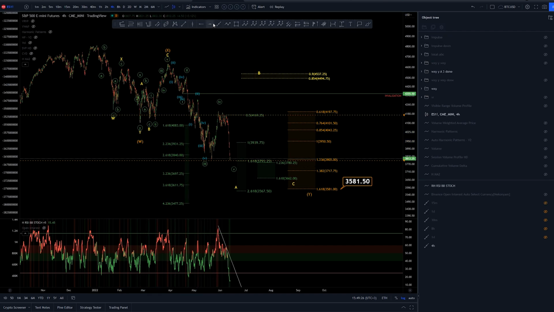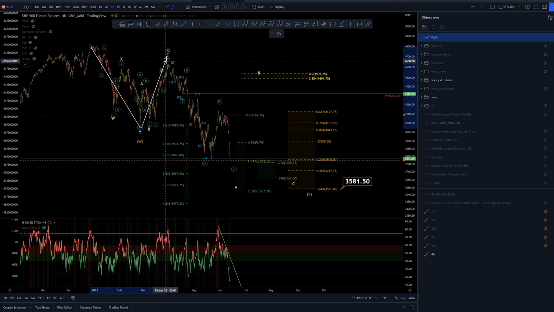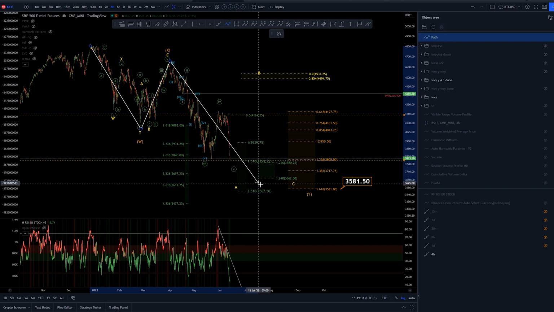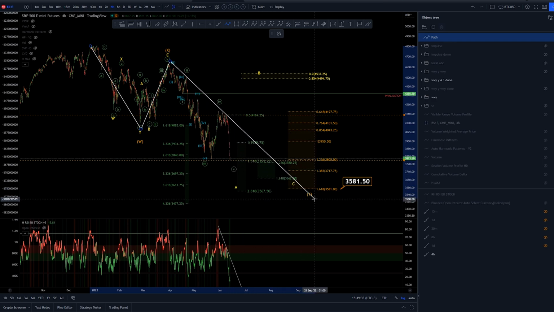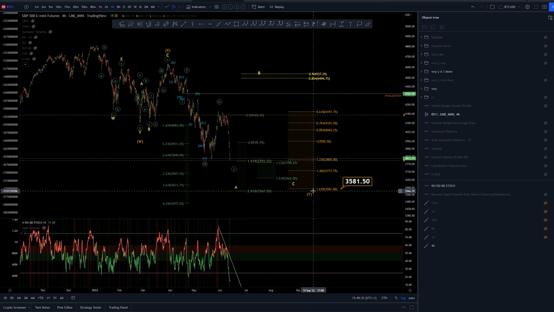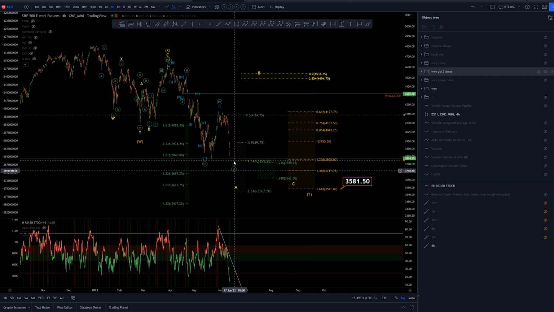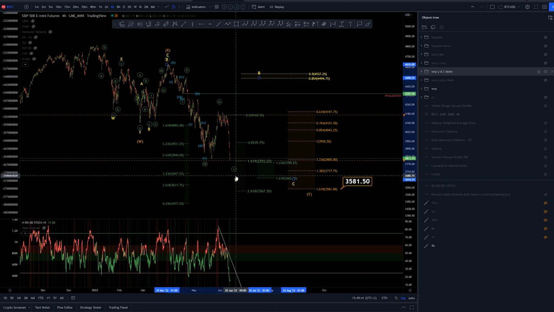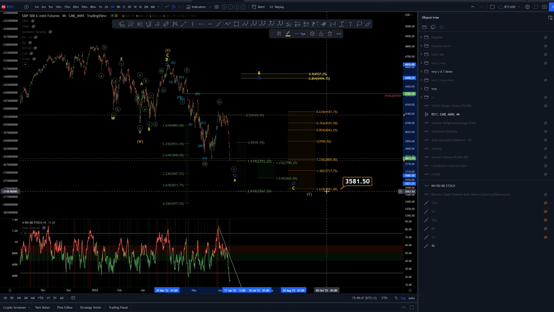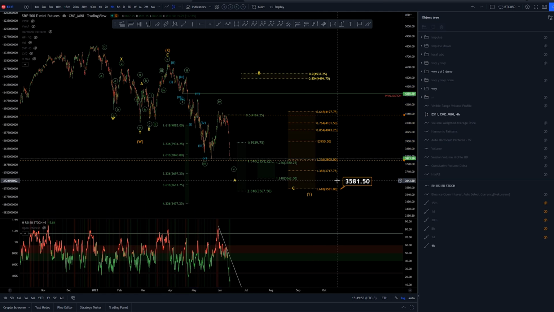The longer the wave Y takes, the worse this whole structure overall looks. Again, if we are making one more low here and are expecting this structure, the expectation for the wave C is to take out the lows of wave A. At that point, the 1.618 extension of this higher time frame structure is coming in very soon. So again, this count looks less likely.